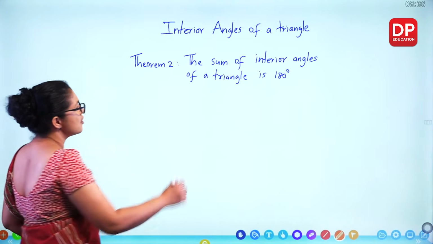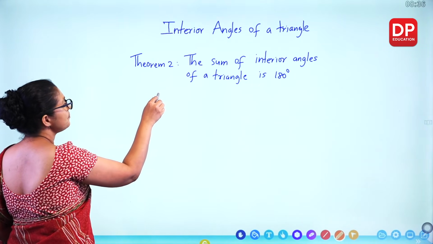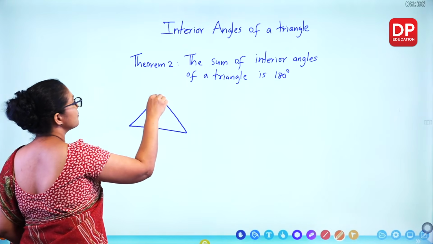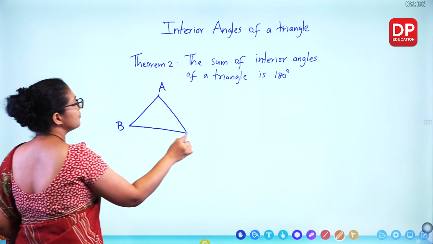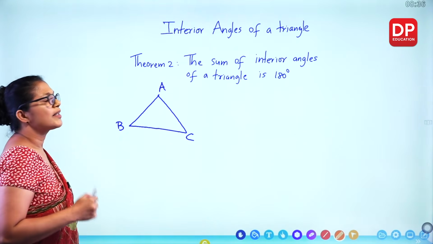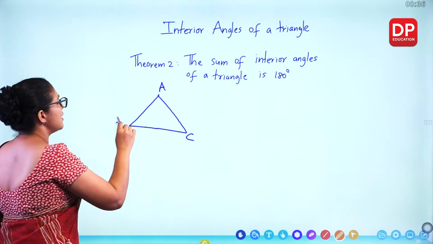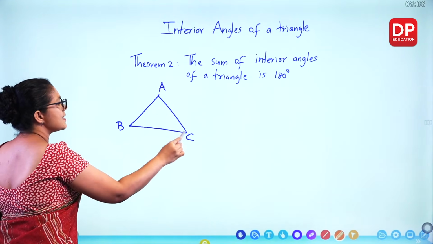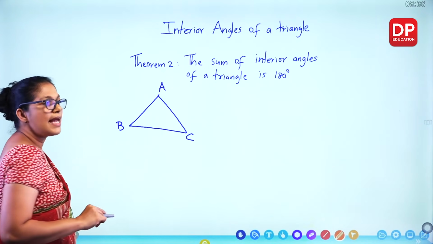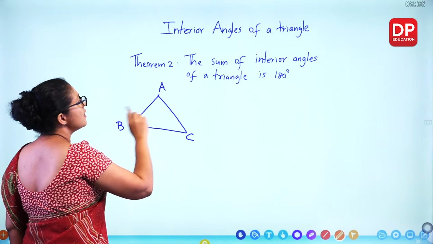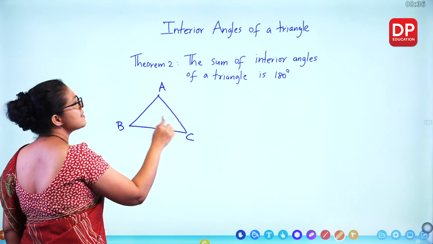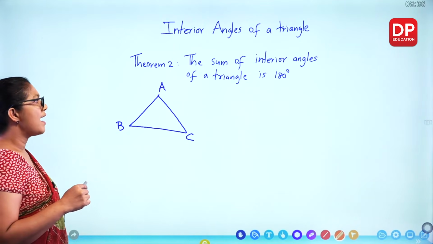So we'll draw a triangle ABC. Here, what are interior angles? BAC, ACB and CBA. So here we need to prove that these three angles add up to 180.